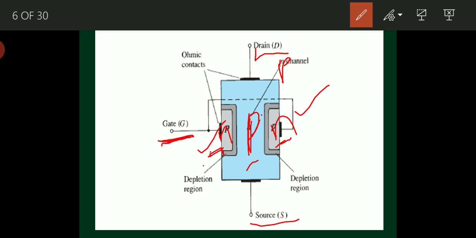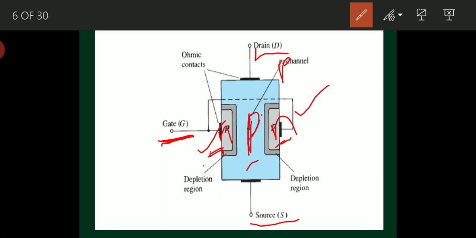So what will happen? The holes, which are majority charge carriers in the p-type semiconductor substrate, will move towards the n-type region. Why? Because a process called diffusion takes place, right? What is diffusion? If charge carriers move from a high concentration area to a low concentration area without any applied external energy, under no force, then it is called diffusion.